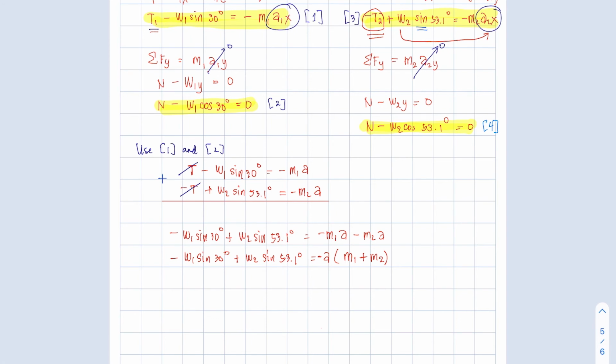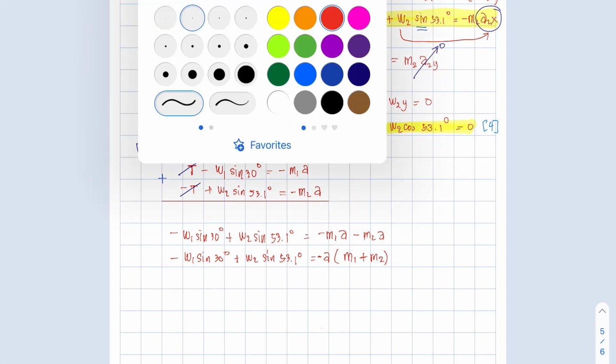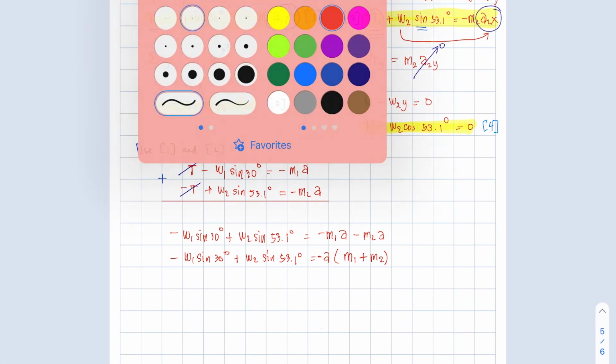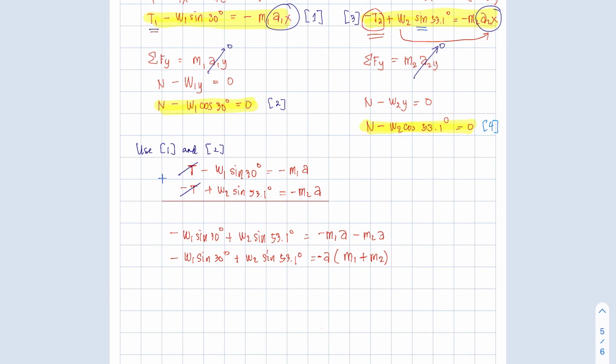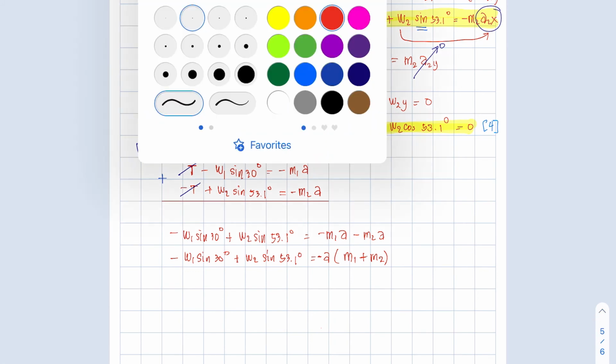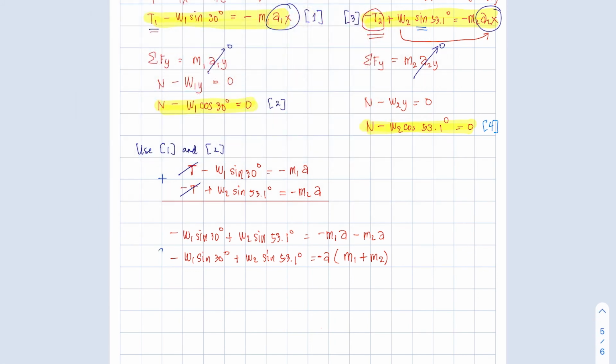So ngayon, since we are looking for A, ang gagawin ko lang dyan is simple. It's very simple. I will multiply both sides of the equation by the coefficient, itong variables na nasa side ng A. So, multiply both sides by 1 over M1 plus M2.